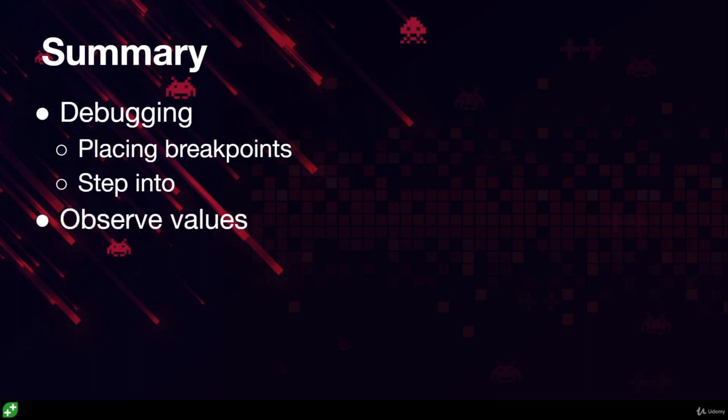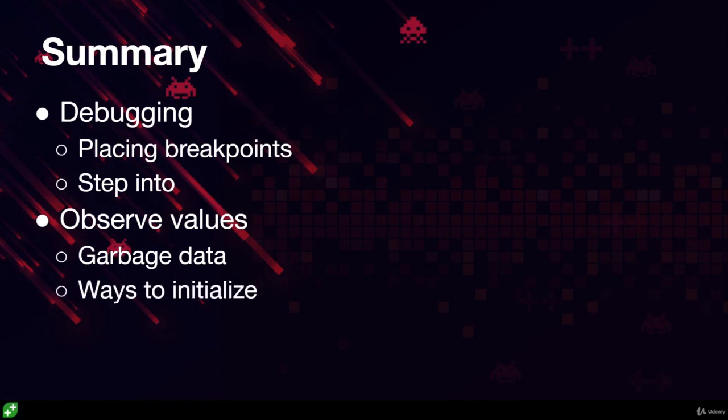We learned that we can hover our mouse cursor over our variables to observe their values at that point of execution. We saw that our variables contain garbage data before they were initialized, and we also learned a couple new ways to initialize our variables at the moment they get declared. So now we know how to create variables that will not hold garbage data once they've been created and initialized.